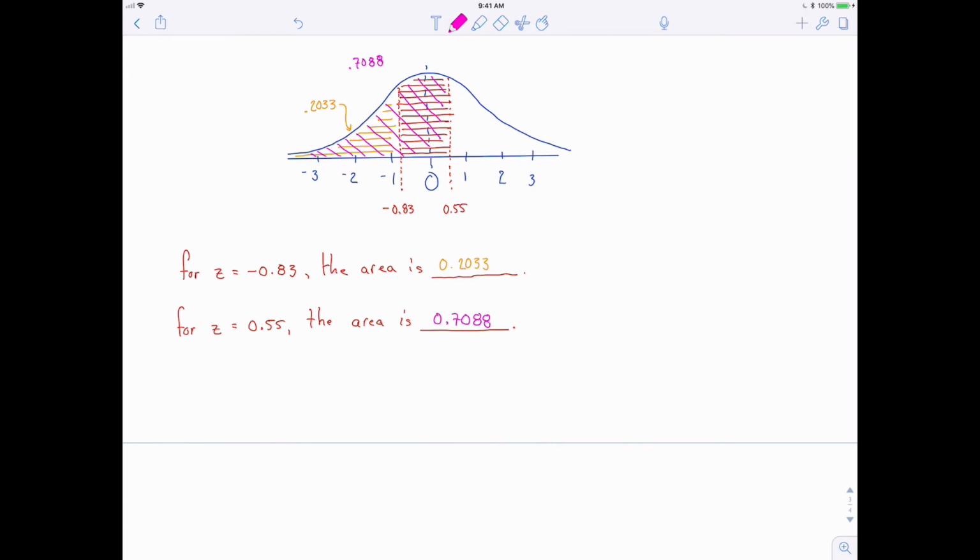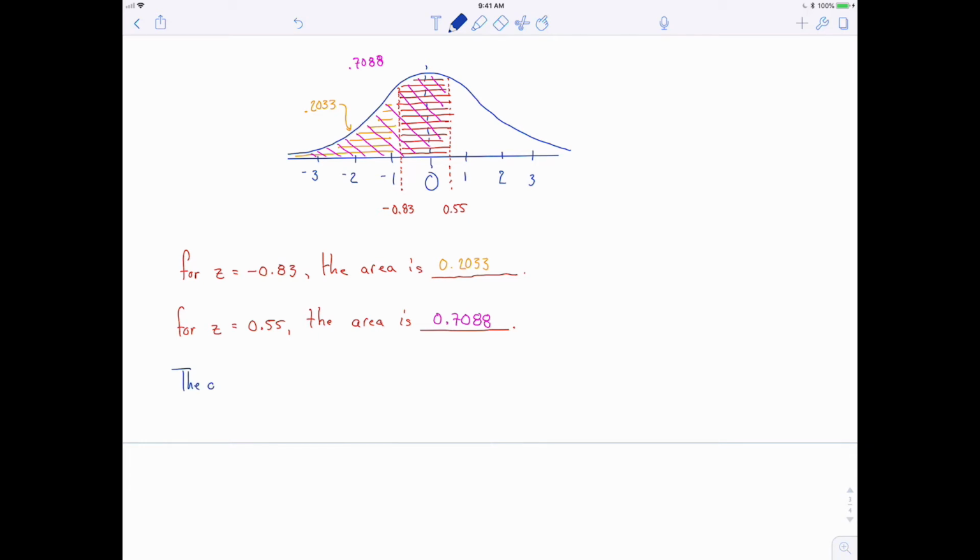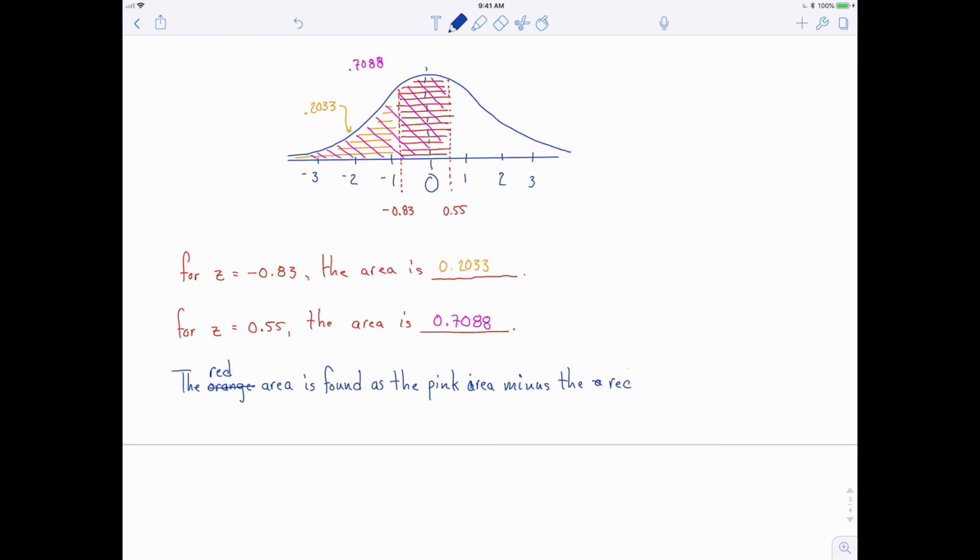So what we want is, I'm going to write this out, we'll use blue again, the red area is found as the pink area minus the orange area.